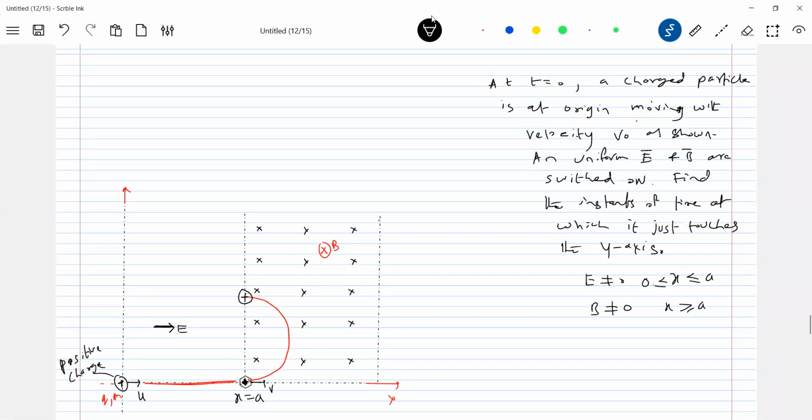Now it will encounter electrostatic force. It will undergo retardation. So due to retardation, it will move along a straight line, and just arrives at the boundary. So what should happen to the particle now?